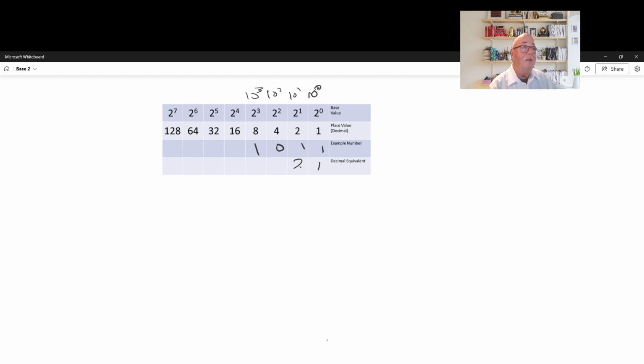There's nothing in the 2 raised to the power of 2 column, so that's a 0. And there's a 1 in the 2 raised to the power of 3 column, and since there's a 1 there, that's 8. So 8 plus 2 plus 1 is 11.